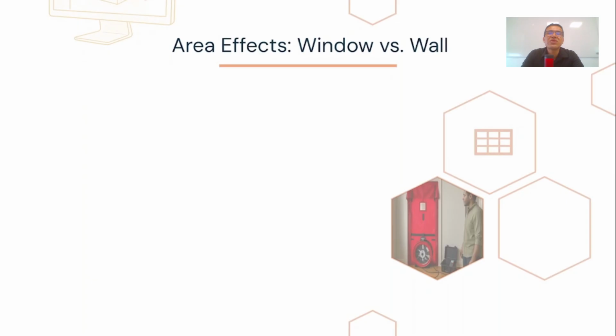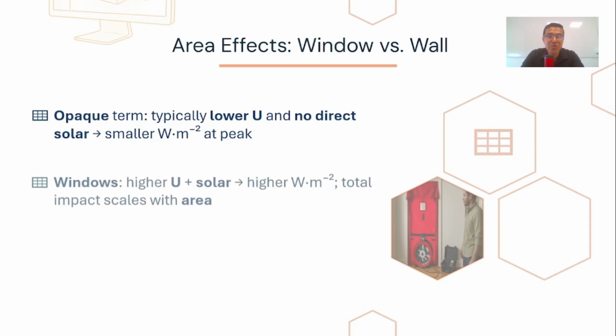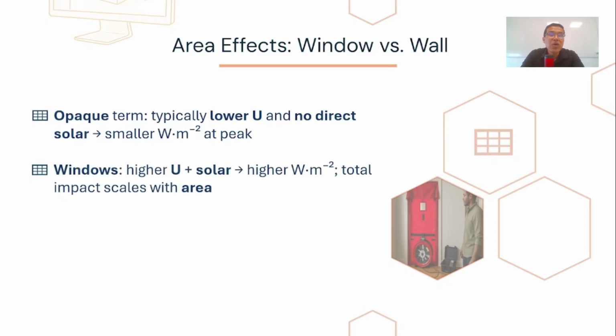Now let's compare windows to the rest of the building exterior, the opaque surfaces like insulated walls and roofs. The U value of a typical wall is much lower than a window's U value, and the wall doesn't have a solar gain term from direct sunlight. This means a wall's heat gain per square meter is usually much smaller than a window's. A window, however, is a different story.